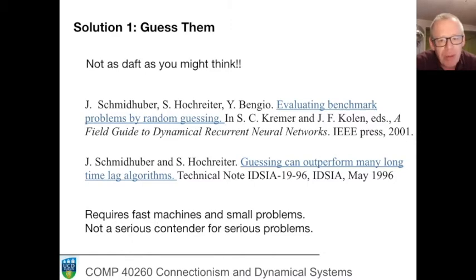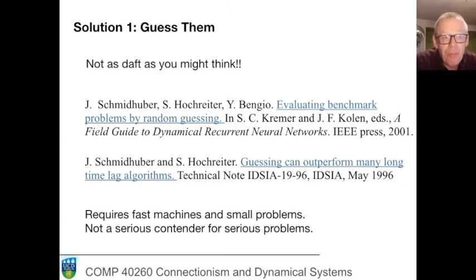Because these benchmark problems are chosen to make clear certain formal features of the problem, like the nonlinear separability of the input patterns, they work well for illustrative purposes, but they make them very vulnerable to this particular approach. And Jürgen Schmidhuber and Sepp Hochreiter produced these two papers in 1996 and 2001, showing that the benchmark problems can all be improved upon. The state of the art could be vastly improved upon by the dumb strategy of guessing.